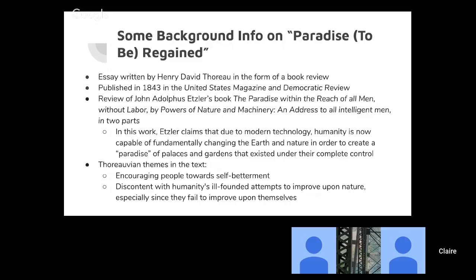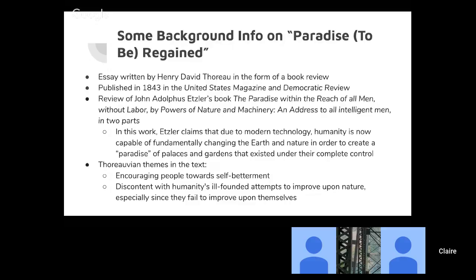And we can see, with Thoreau's skepticism in his other works, like we saw in Walden, why he may push back on that. In his response in Paradise to be Regained, he has an issue with this utopian society in which Etzler says technology can improve lives to the point where you don't need to labor, and he's skeptical of this.